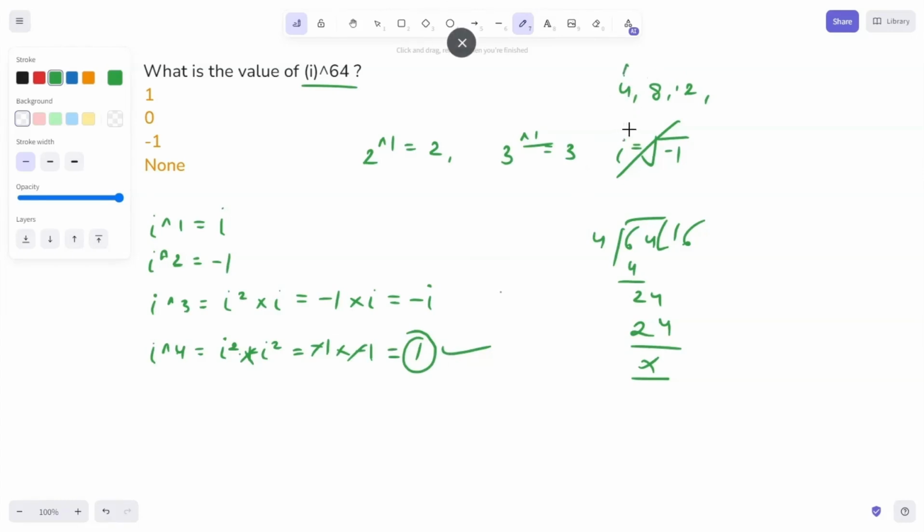After every 4 consecutive powers, the value of i is 1. So here it is 1, here it is also 1, and it will go on until 64. 64 is also a multiple of 4, so it will also be 1. Our answer will be 1, so the first option is the correct option.